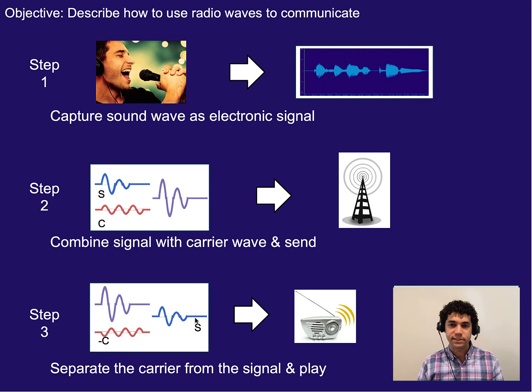And then lastly, when the radio wave is received on the receiving end, you usually have an agreed upon carrier signal, you subtract it back out, and you're left with your original signal wave. And then you can translate that into music or a picture or whatever it was originally. So that is the general process for how communication works. Again, that's a very general process. We're not getting into the specifics.